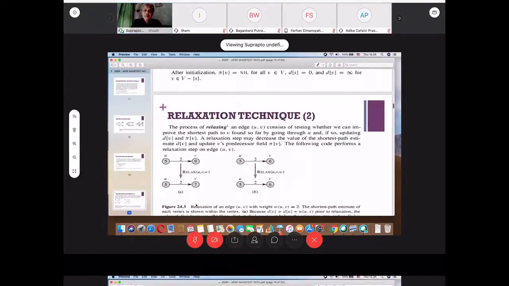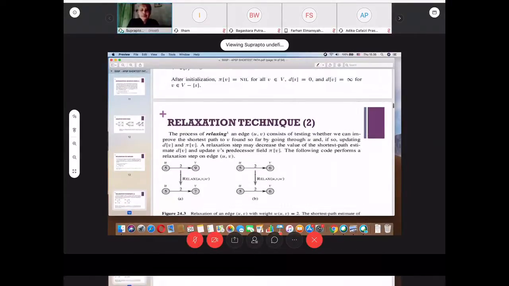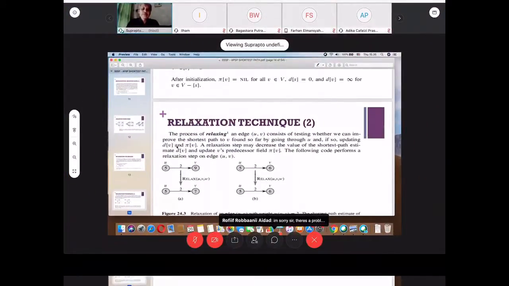And this is the illustration of the relaxation technique. What's the aim of this relaxation? The process of relaxing an edge (u, v) is testing whether we can improve the shortest path to v, meaning the shortest path from S to v found so far, by going through u. And if so, updating v.d and v.pi.